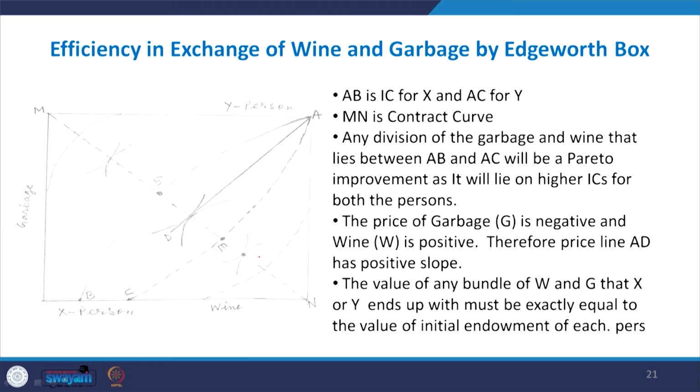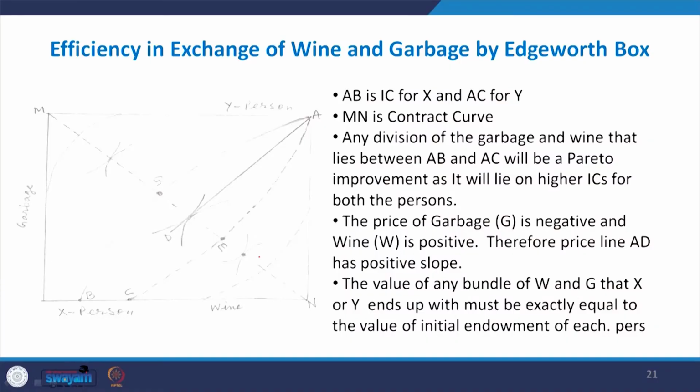upon their bargaining power. So, if consumer X moves from G to E, then it is a Pareto improvement, and if consumer Y moves from E towards G, then again it is a Pareto improvement, but Pareto optimality will occur at the point where the slope of the indifference curve of Y is tangent to the slope of the indifference curve of X, and both are tangent to the price line AD.